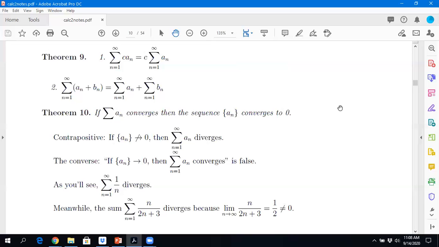Otherwise, the partial sums won't converge, yes? When I move far out into the sequence of partial sums, those things need to be getting close to a number, right? If I have convergence. And that means that I better not be adding very much on at all.